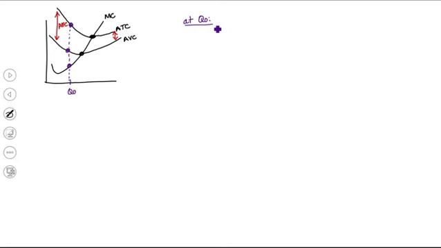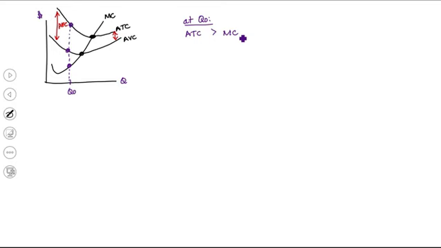Guys, at Q0, which is bigger? Well, how would I read it? Remember what's on the axes. So if I'm trying to read, I'm measuring the height, right? So which is bigger, average total cost or marginal cost? Yeah, does everyone agree? Average total cost is greater than marginal cost, right? Everyone agree with that?